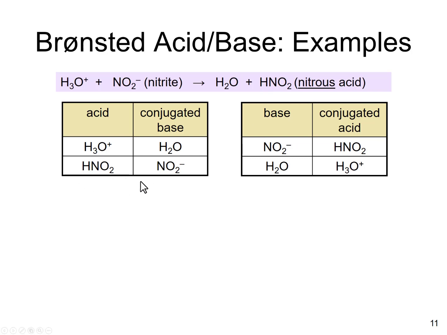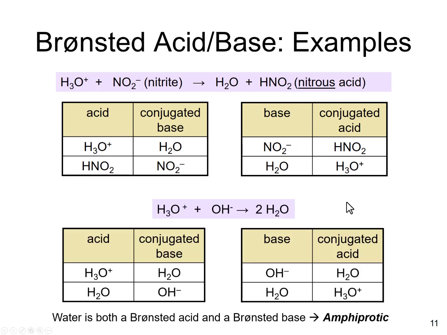On the other hand, the nitrite anion can act as a base to form its conjugate acid, which is the nitrous acid. And water, when it acts as a base, upon accepting a proton, will form its conjugate acid, which is the hydronium ion.